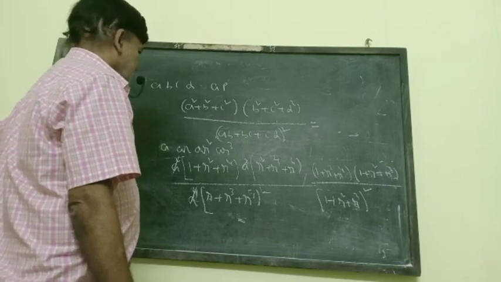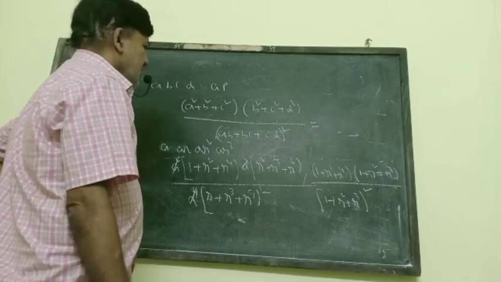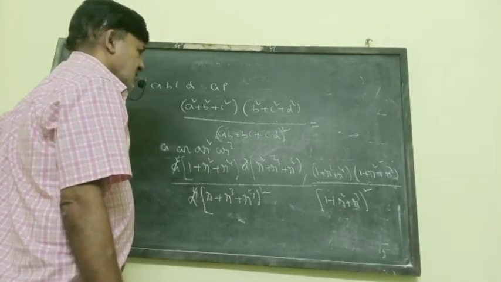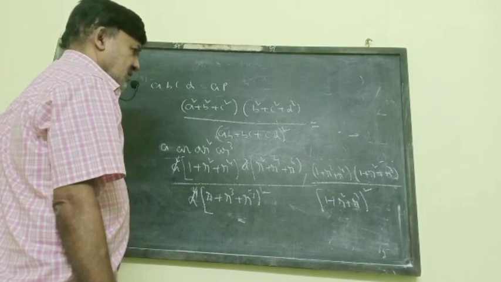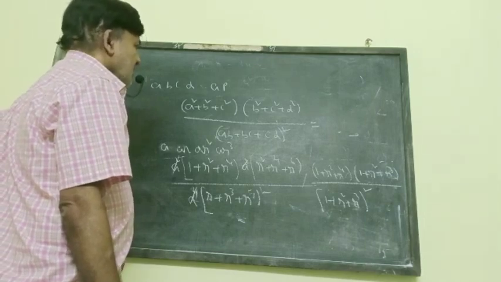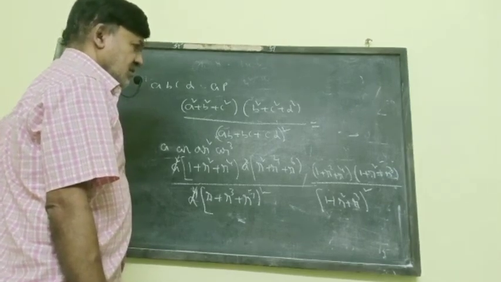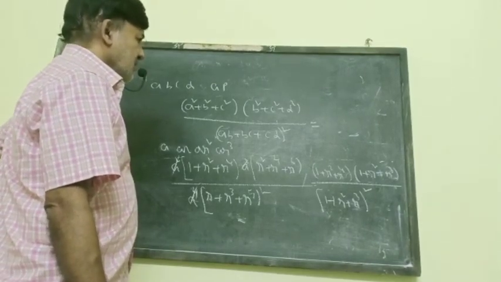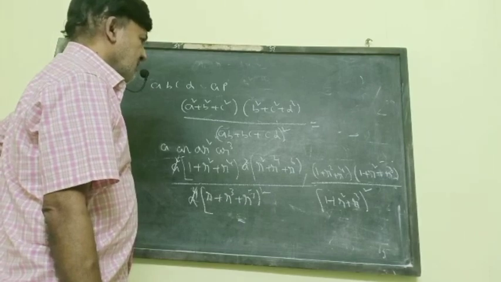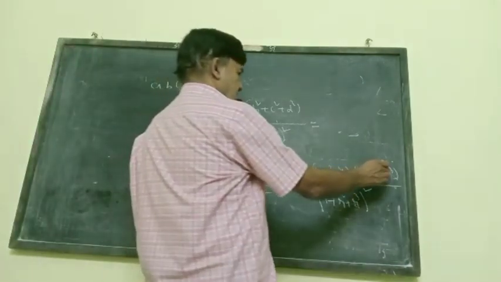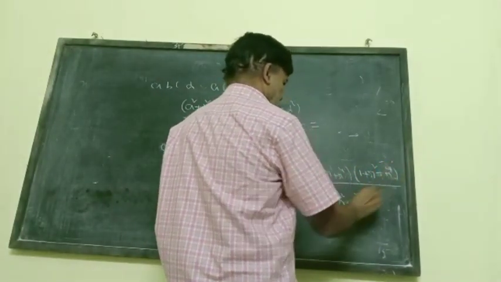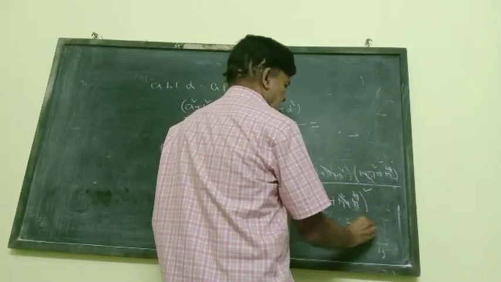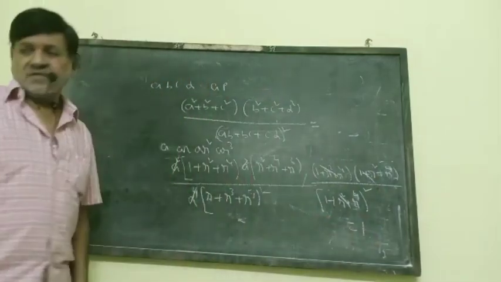C square is R power 4, B square is R square, R power 4, R power 6. R power 4, R power 4. That's it.